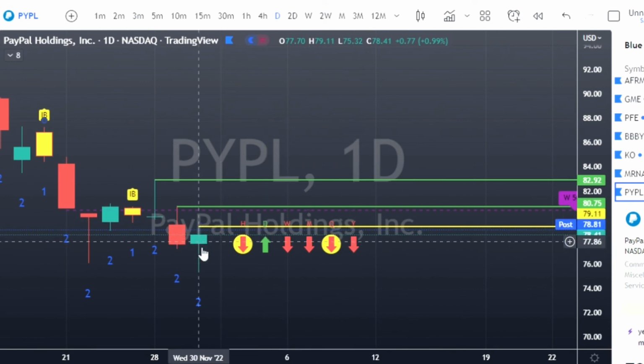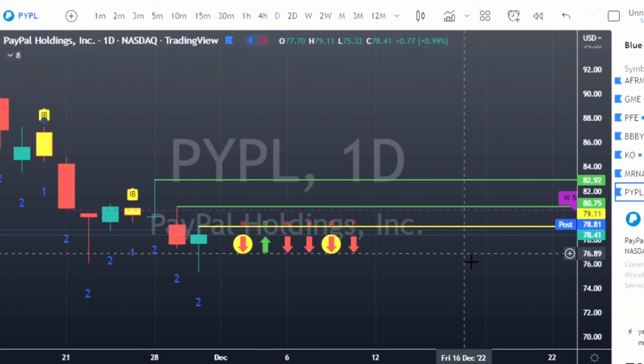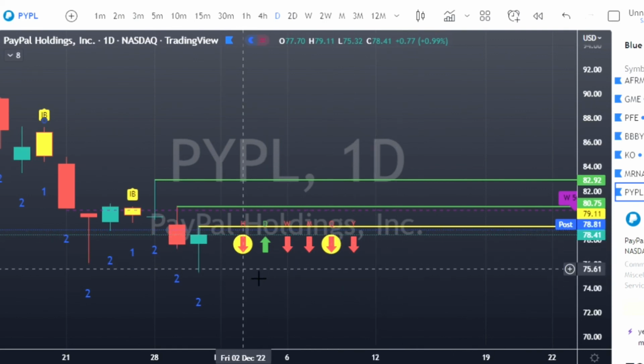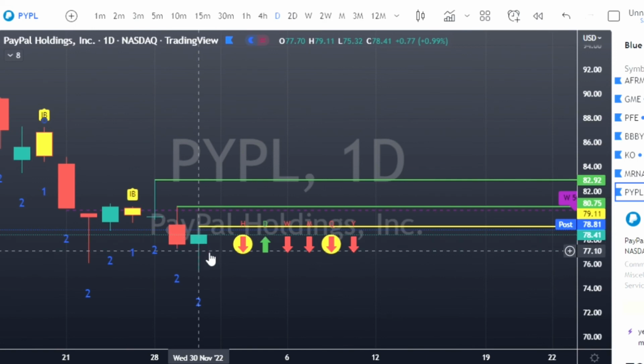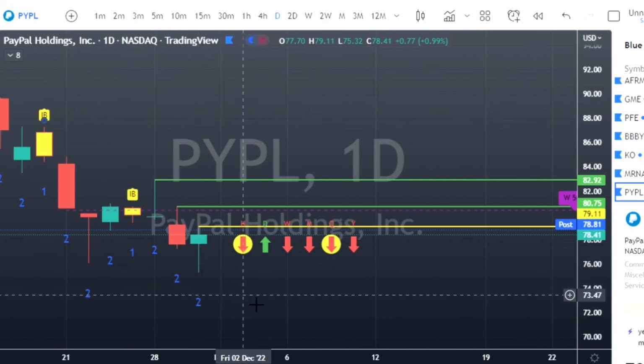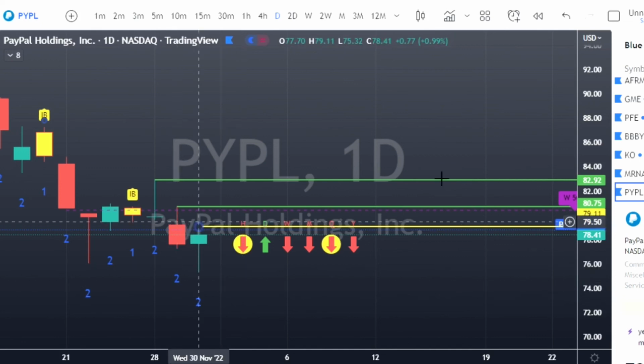Now, if this trends down and breaks this low here, then this full time frame continuity is going down. Now, it's not an actionable signal. It's basically a 2-2 continuation. And again, if you want to play that, by all means, you can play that, but that's not the setups that we're looking for. Okay?